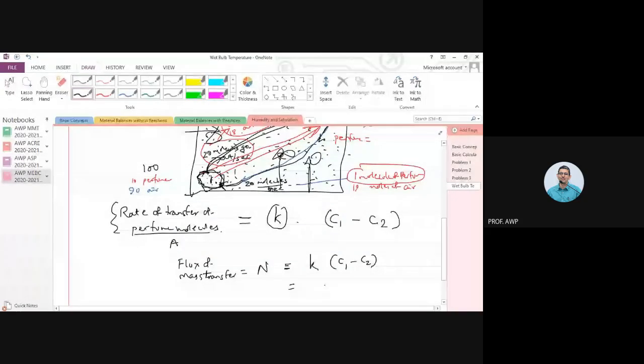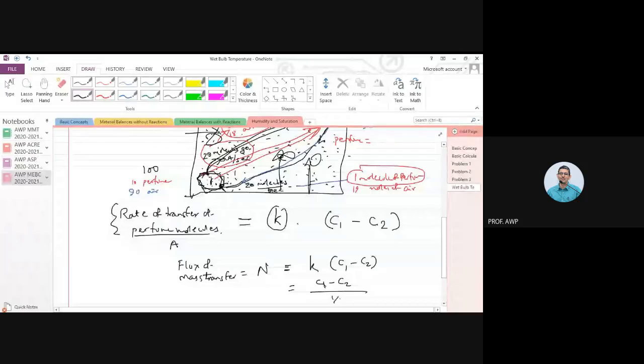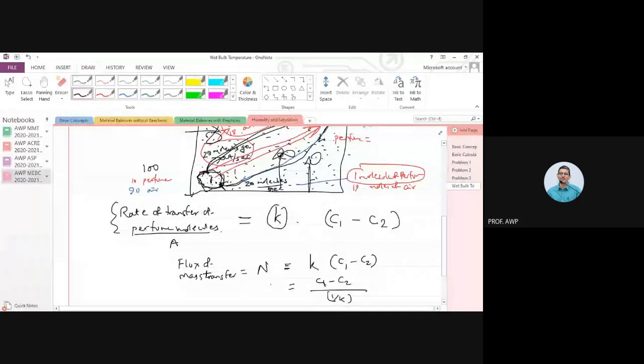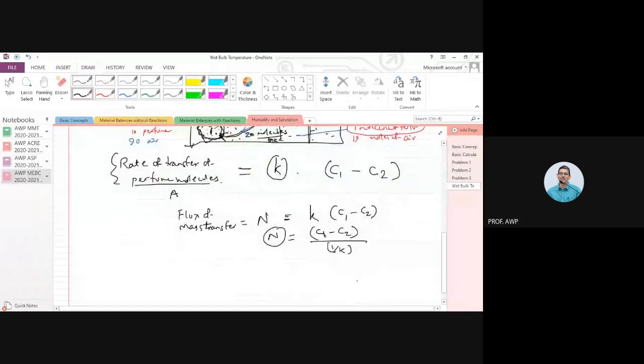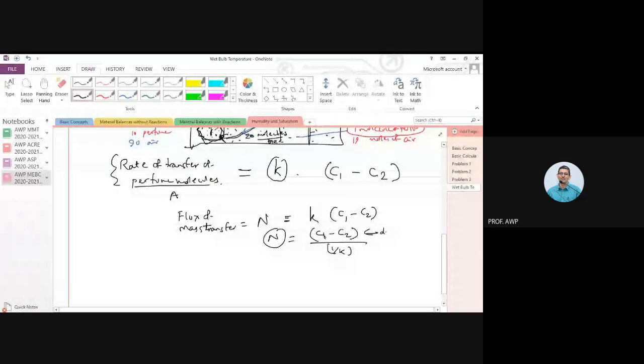If you want, you can write it as concentration driving force divided by 1 by k. This is like the current, this is like the driving force, and this is resistance.